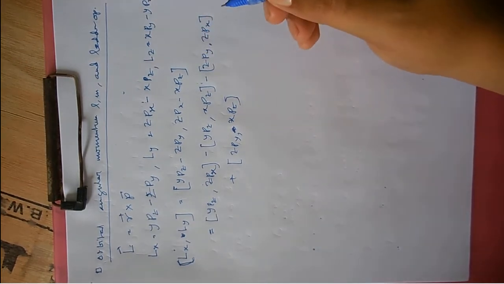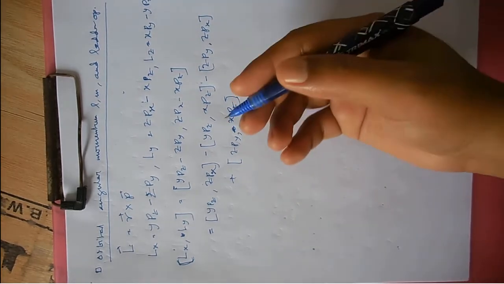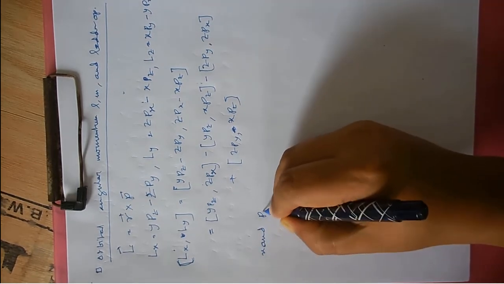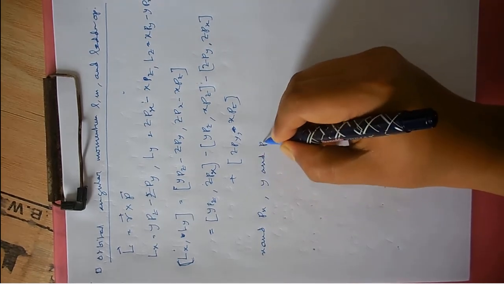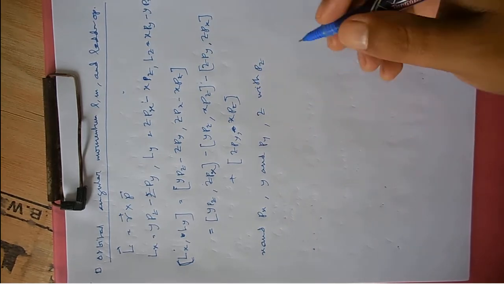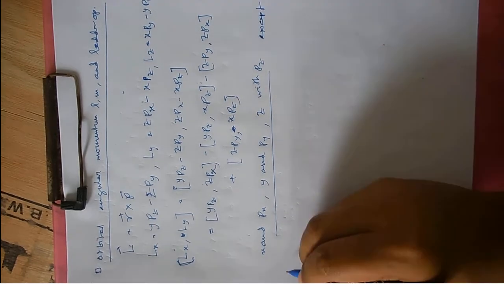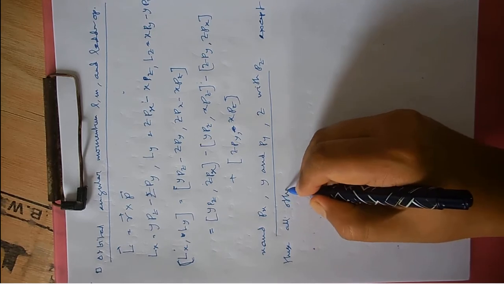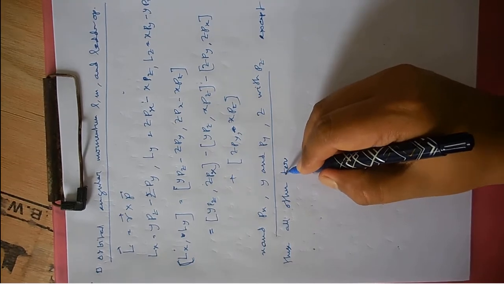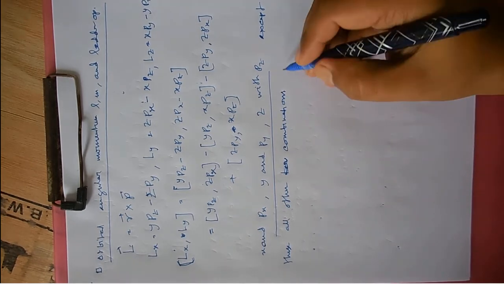As we know from the commutation relations, all other terms except x and px, y and py, and z with pz, so except these three, all other combinations commute.